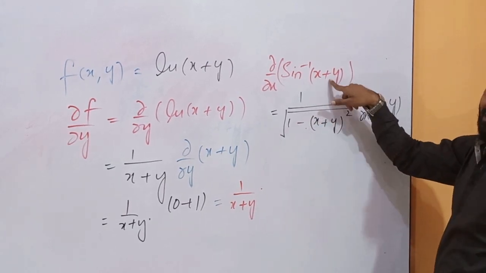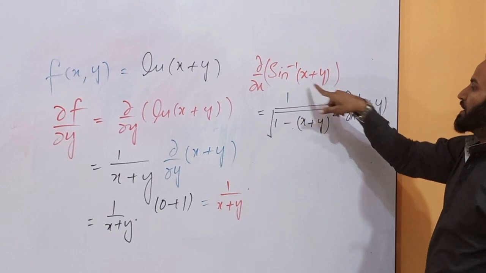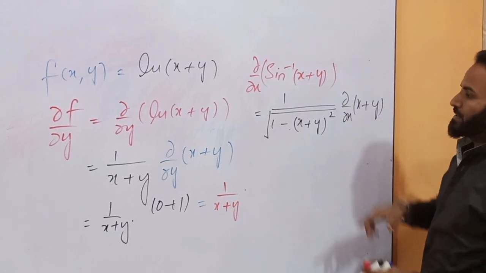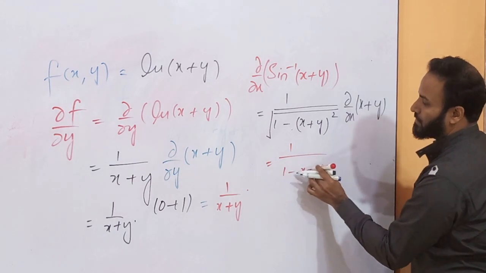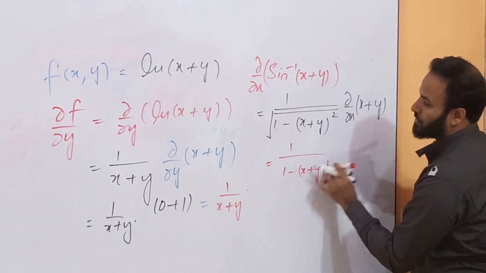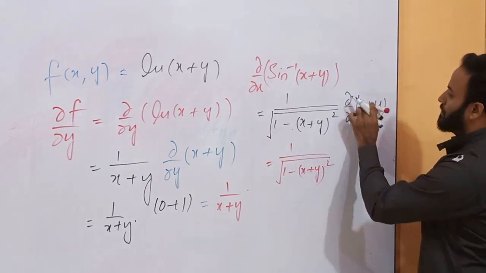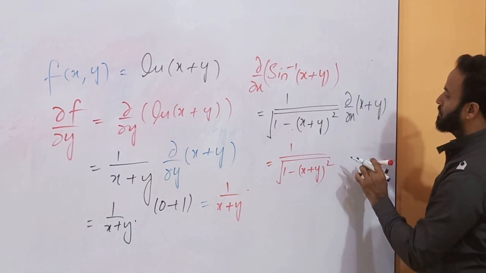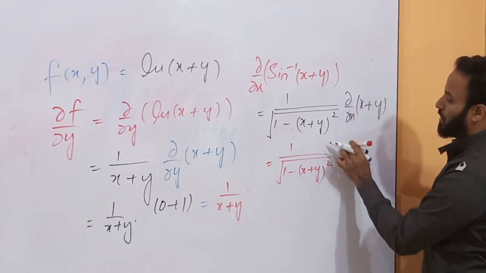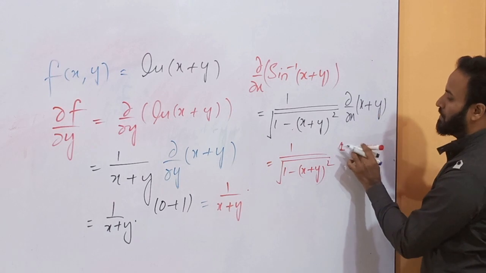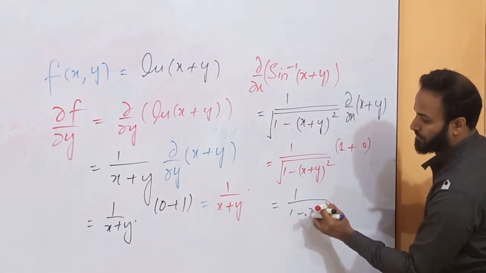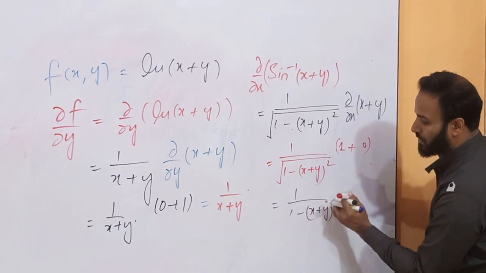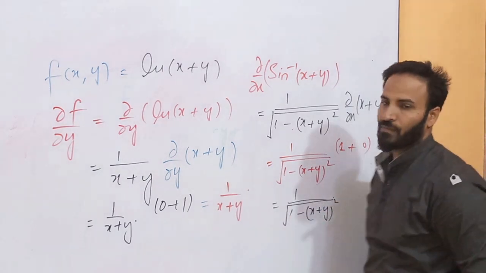So x plus y is the inside of sin inverse, and you should take the derivative with respect to x. So the answer is 1 over the square root of 1 minus (x plus y) whole squared. The partial derivative of x with respect to x is 1, and of y with respect to x it is 0. So the final answer is 1 over the square root of 1 minus (x plus y) squared.